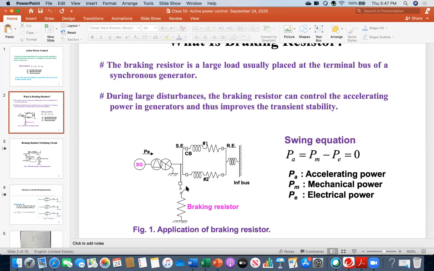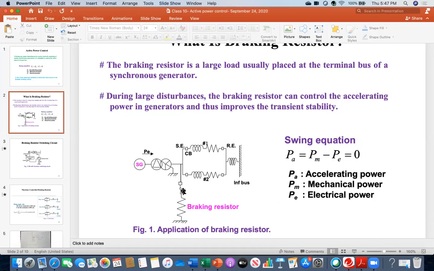Exactly. Everybody, could you understand? Most of the power will be going to the ground. As I said, it is designed according to the P value. For example, if the consumers consume 100 megawatt or 200 megawatt, it depends on the network where it is connected. Accordingly, its resistance value is designed so that I square R or V square over R makes up that amount. So it's a huge resistance.